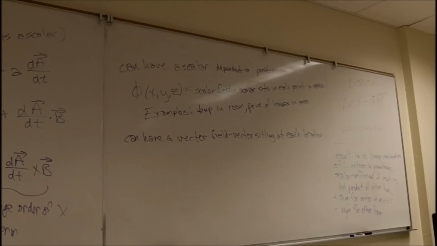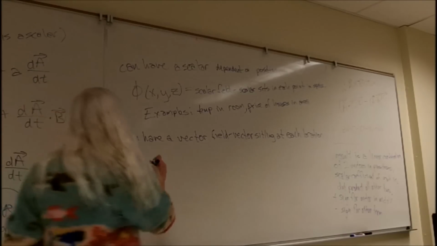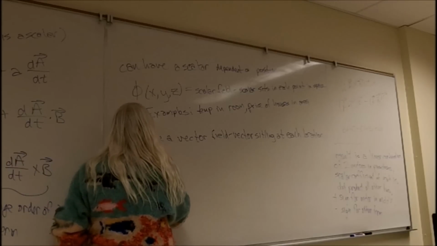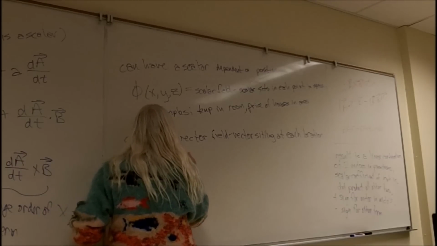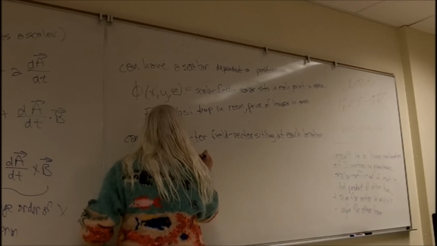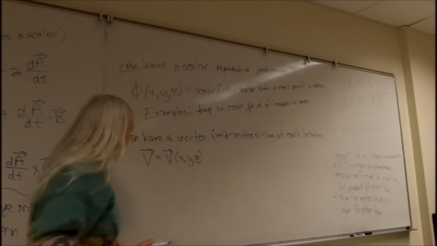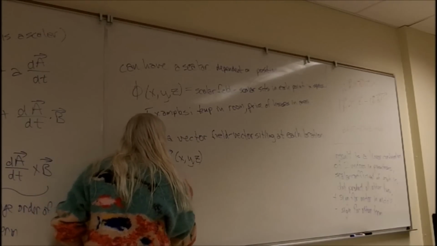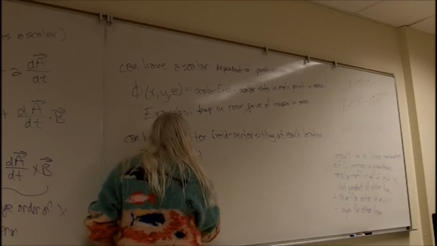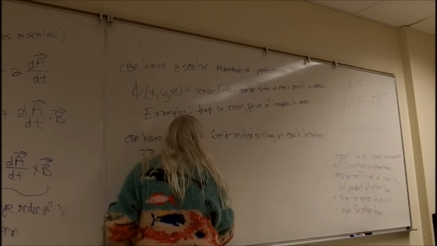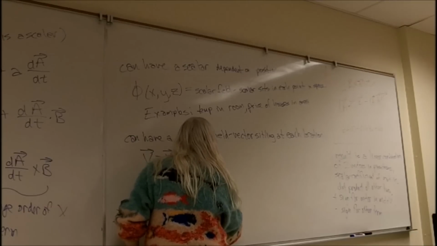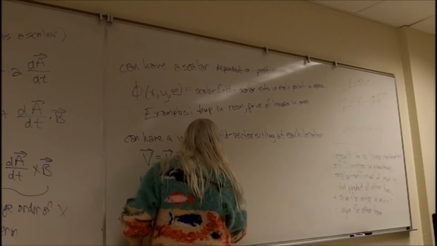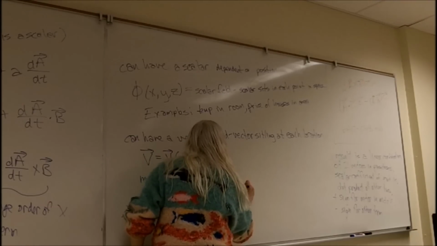So you could, for example, have a vector field V, function of x, y, and z. Again, what this really means is that V, like any vector, can be written in terms of components. V sub x times i hat plus V sub y times j hat plus V sub z times k hat.